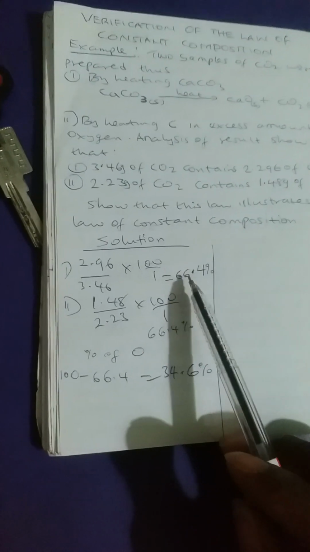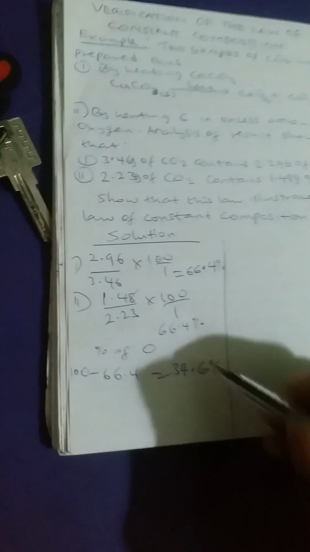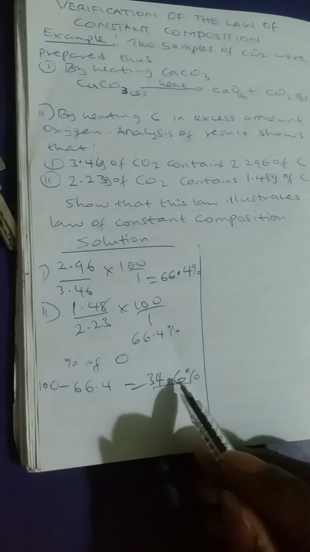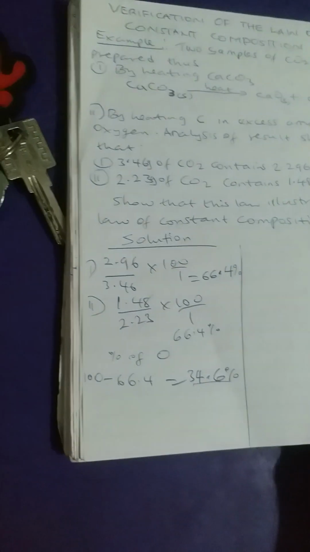So you can see that the percentage of carbon in each sample is 66.4, and the percentage of oxygen in each sample is 34.6. Do you understand? That's the meaning of constant composition.